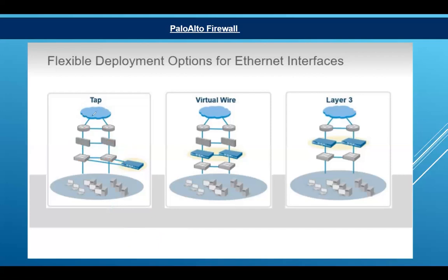Okay, so right now, guys, I will just show you these three tabs. More detail about these features in the next slide. At that time I will explain properly how this will work. Virtual wire, guys. Our firewall is working in transparent mode. No one can identify there is any firewall between our server and client.